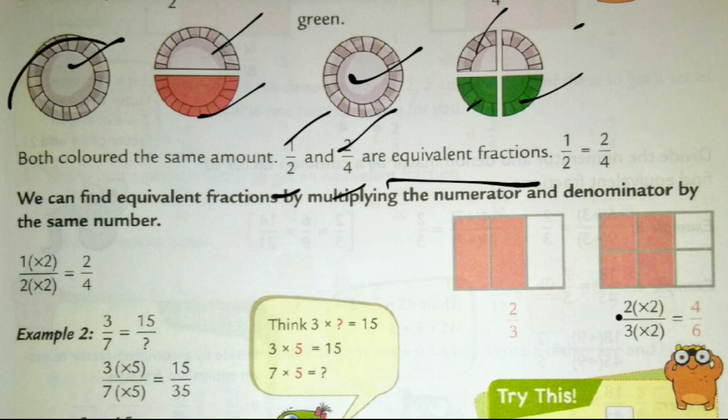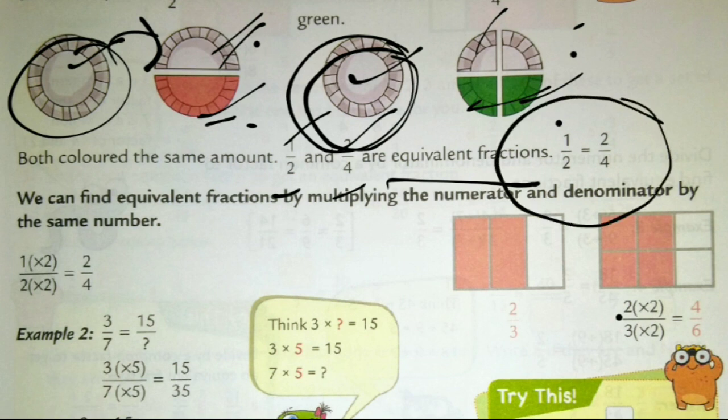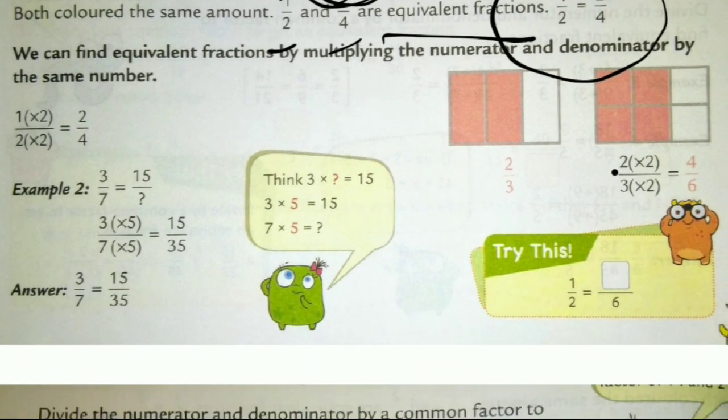In this one we have cut it in 2 parts, and in this one we have cut it in 4 parts. So, we will represent it like 1 by 2 and 2 by 4. So, we will get the same answer. That is known as equivalent fraction.